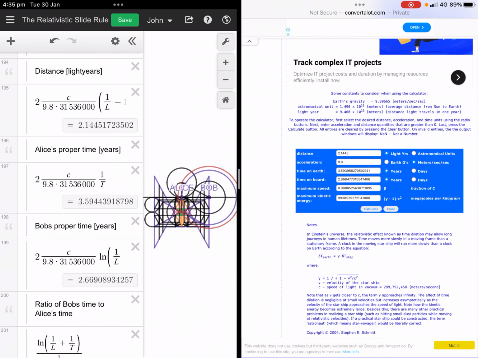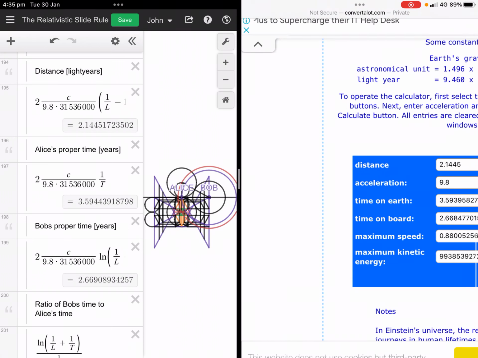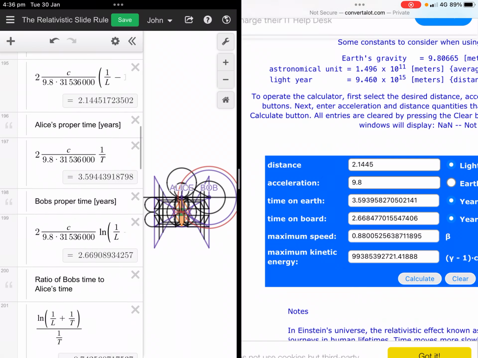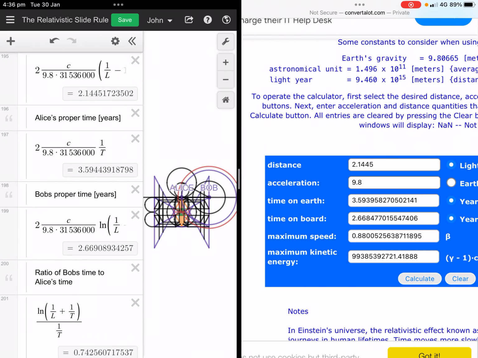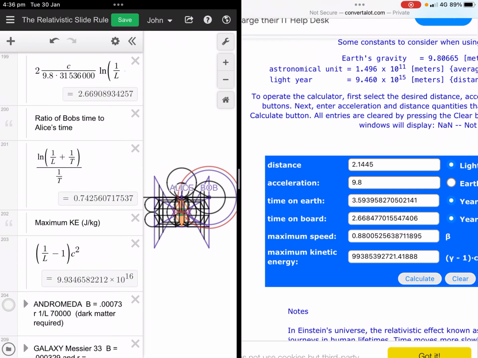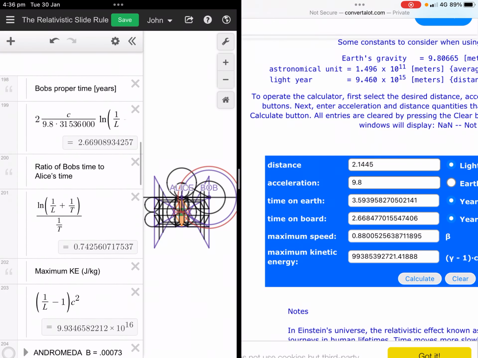So now we can calculate that, and if we look at the value, we see time on Earth is going to be 3.59. That's the proper time for Alice, and the proper time for Bob is going to be 2.66. So that works out, and here's the 0.88. You can see the maximum speed he's going to get to when he turns around, and you can see the kinetic energy. Okay, so the calculator works.